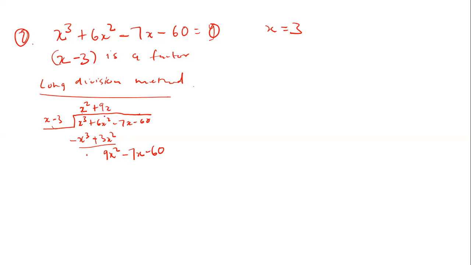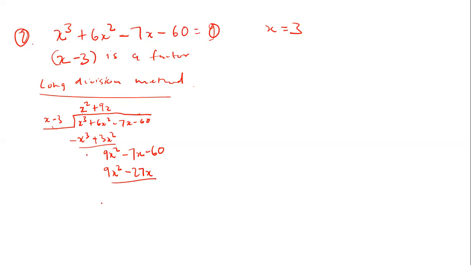Positive 9x multiplied by x is going to be 9x squared. And therefore, positive 9x multiplied by negative 3 is going to be negative 27x. Therefore, I draw a line once more.